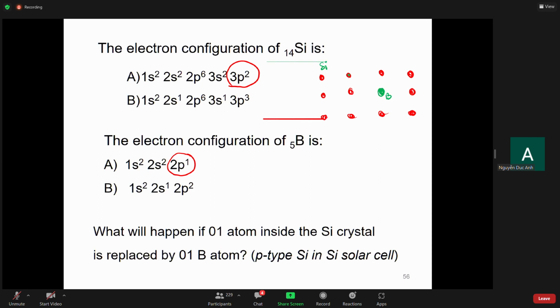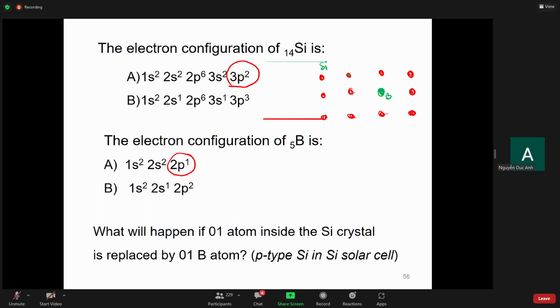So when you replace one silicon by one boron, normally this position has a silicon, right? And now we replace it by one boron. Now you have a state where an electron from silicon 3p has a slightly higher energy level compared to 2p.